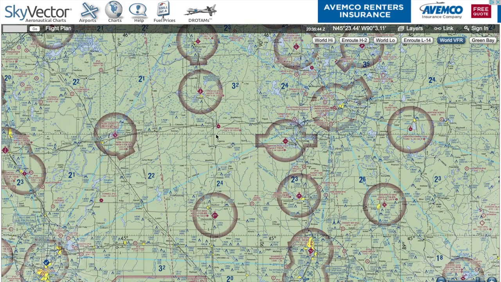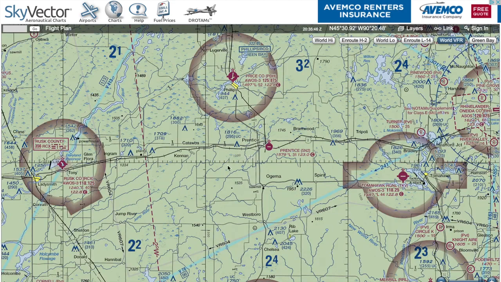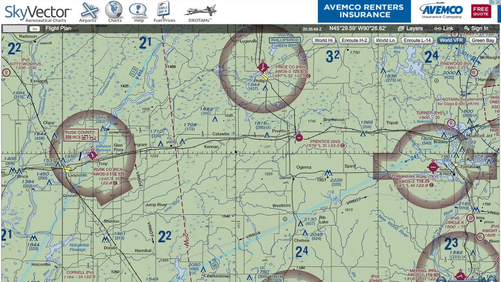Let's say we wanted to do an inspection right here at Catawba. Could I do that? Can I fly there below 400 feet? The answer is yes.